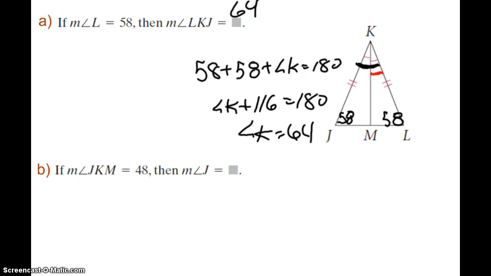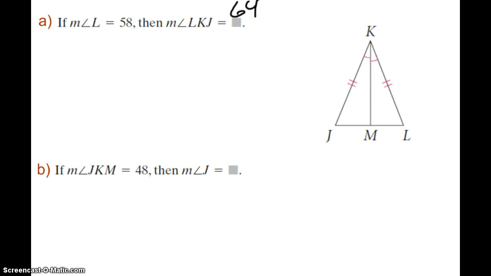Example B. If the measure of JKM is 48, then find the measure of angle J. JKM, that's just the little part here, is 48. We want to find this.